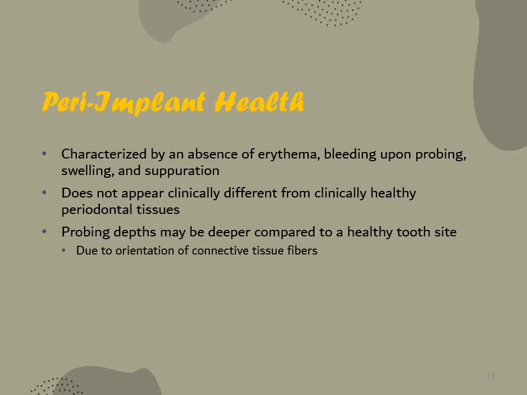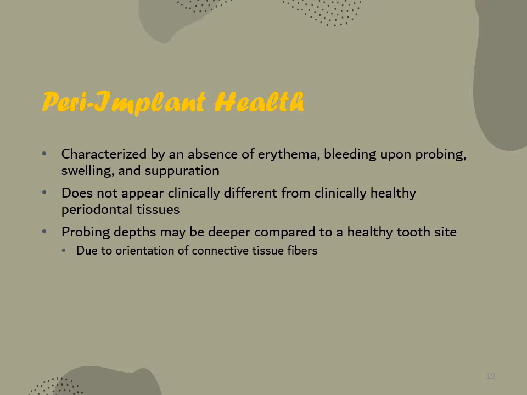Any type of suppuration is usually a sign that something has gone horribly wrong. It does not appear clinically different from clinically healthy periodontal tissues. So the tissue around an implant, aside from any grayness showing through because of the implant, should be the same color, texture and consistency that the other teeth have.